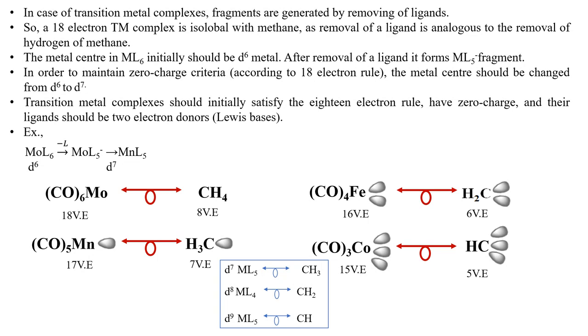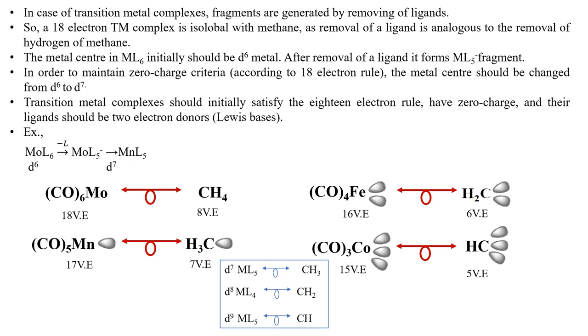And likewise, if I remove one more carbonyl ligand from this fragment, I end up getting FeCO3 minus. So I replace iron with the next group metal, cobalt, which is a d9 metal. So I end up getting a neutral, zero charged 15 valence electron complex which has 3 frontier molecular orbitals and 1 electron in each. So it is found to be isolobal with the CH radical.